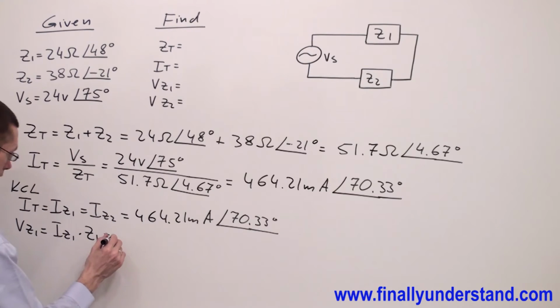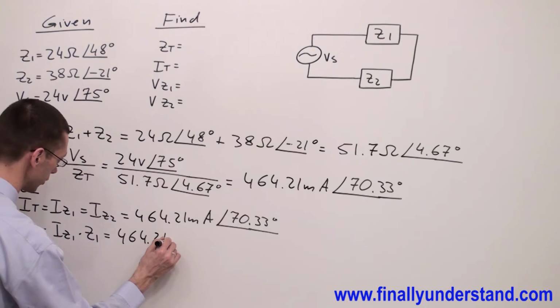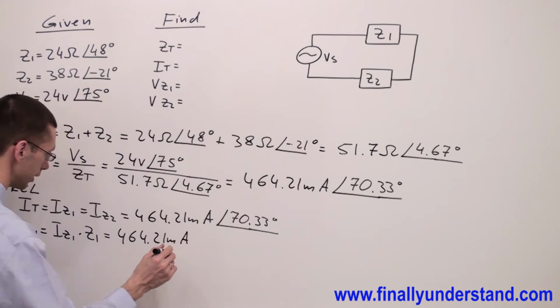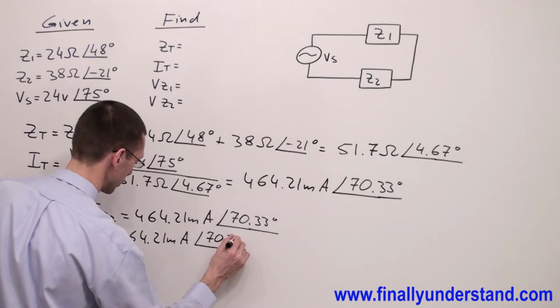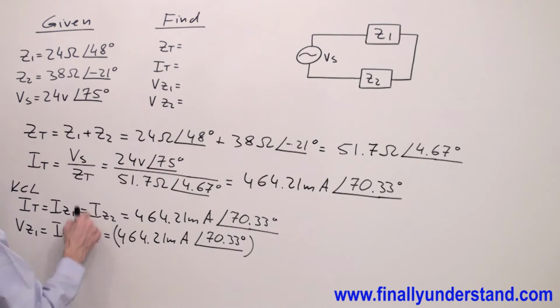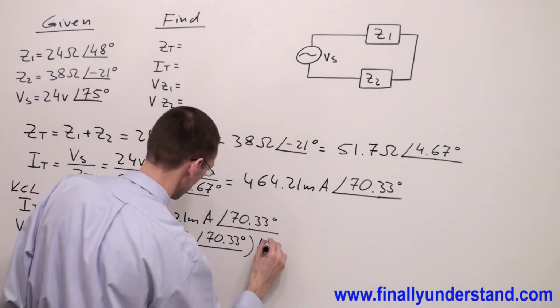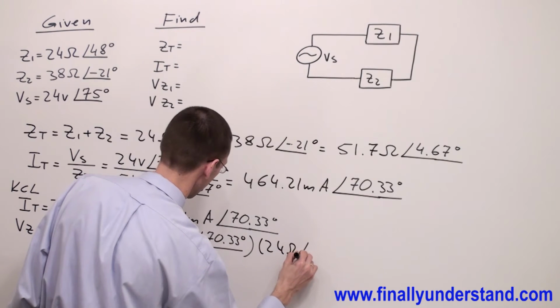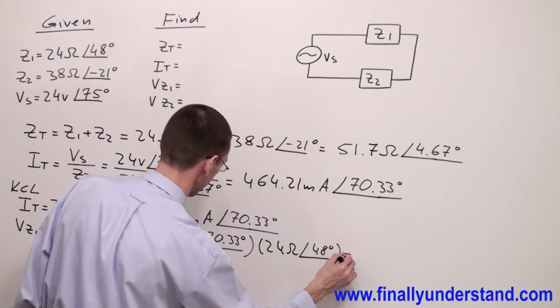So this is 464.21 milliamps and angle of 70.33 degrees times Z1, and Z1 is equal to 24 ohms and angle of 48 degrees.